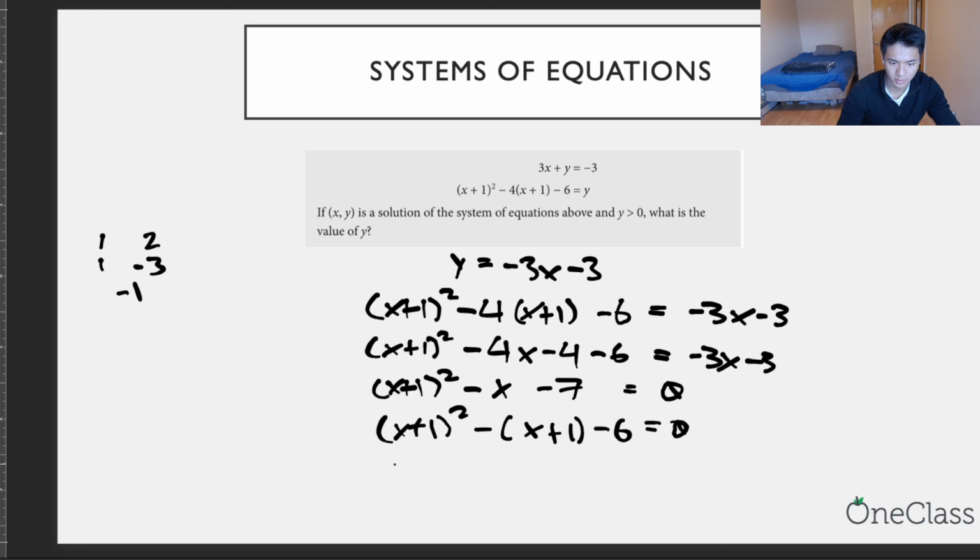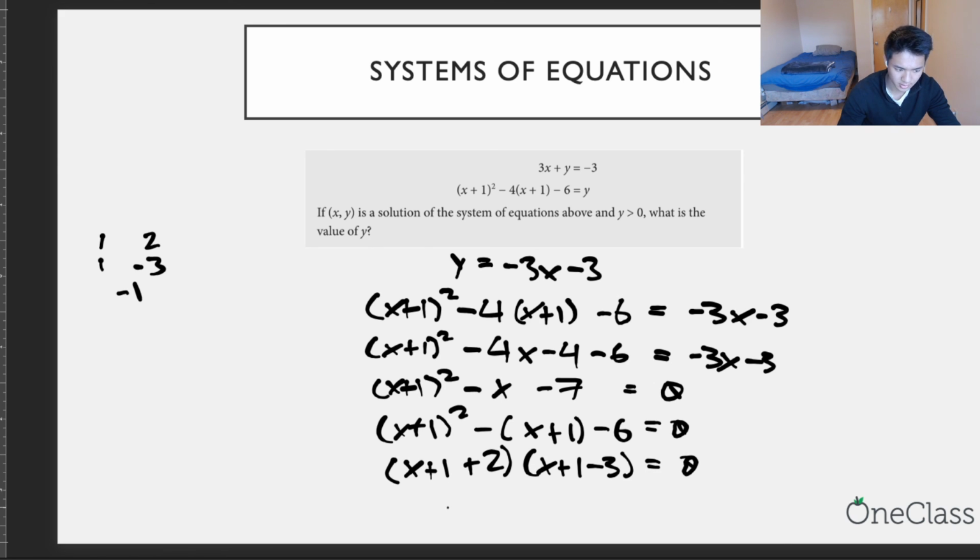So we would get the following: first (x plus 1 plus 2) times (x plus 1 minus 3) equals 0.